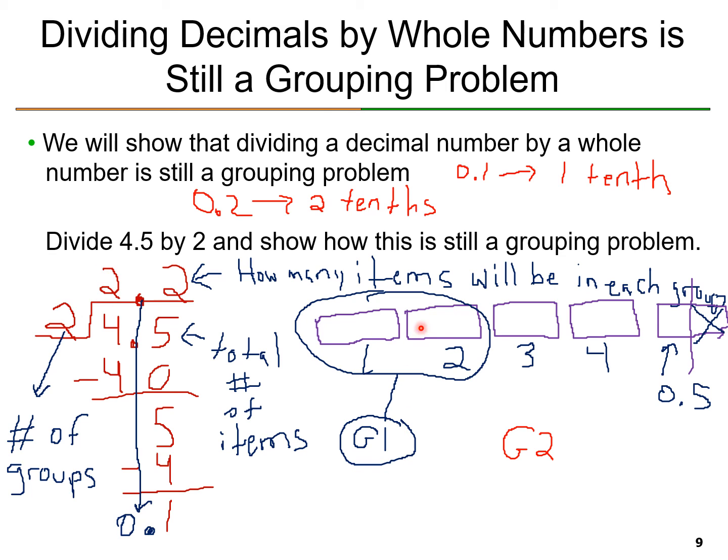That's why we gave group 1 2 items, and we need to do the same thing for group 2. Group 2 is going to get these 2 items. Now, this part of the answer, the 0.2, says that each group is going to get 2/10 of an item.